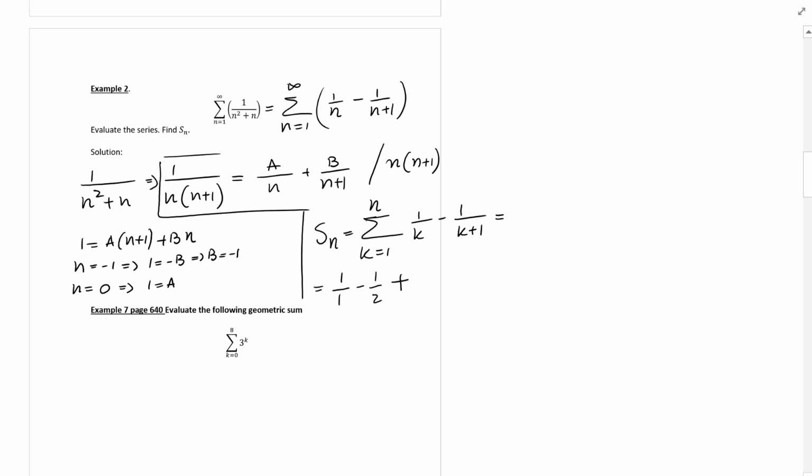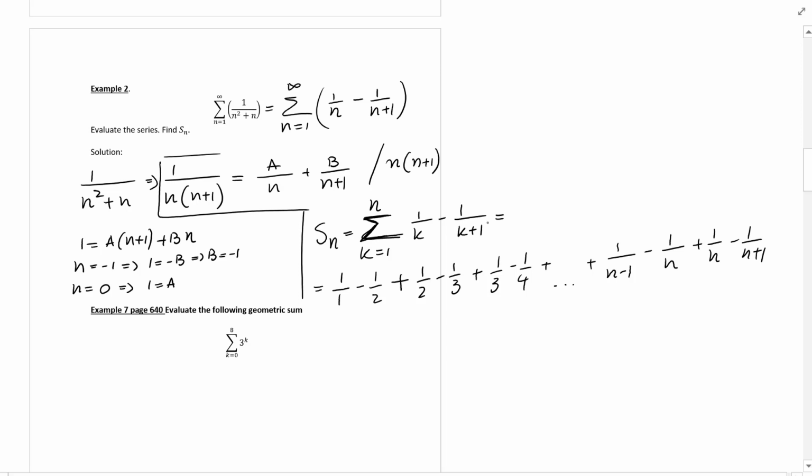If we give k the value of 2, we get 1 over 2 minus 1 over 3, plus. If we give k the value of 3, we get 1 over 3 minus 1 over 4, and so on, plus. And I'm going to write the previous term, which is 1 over n minus 1 minus 1 over n, and then plus 1 over n minus 1 over n plus 1. So I write the n minus 1 term, and then I put the n term as well.